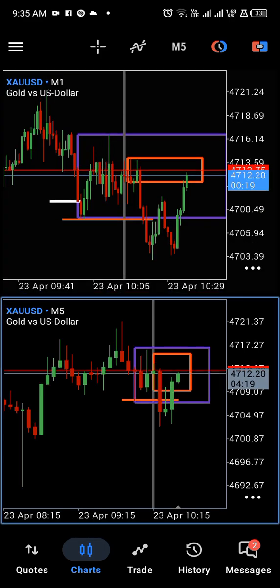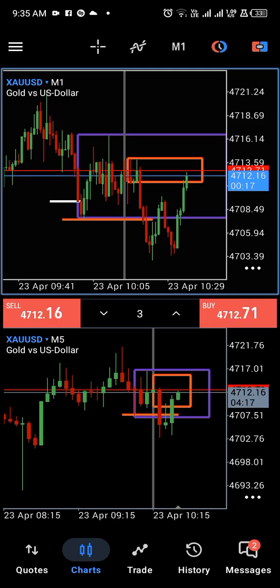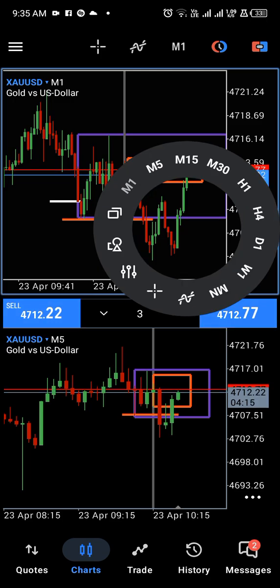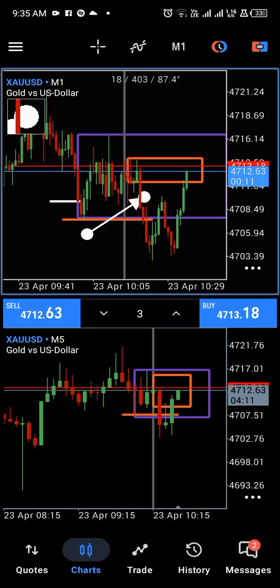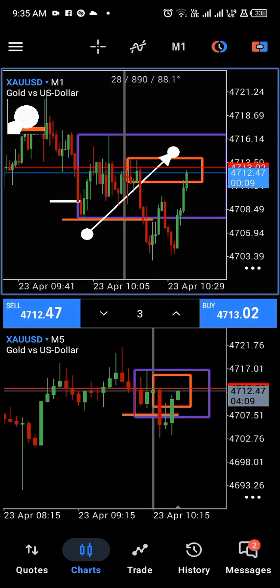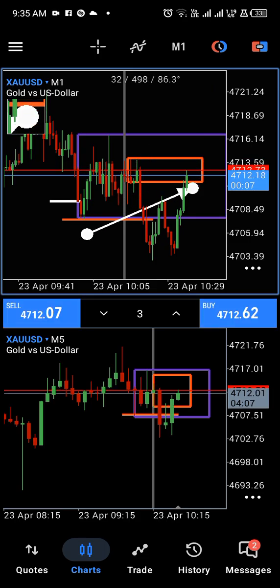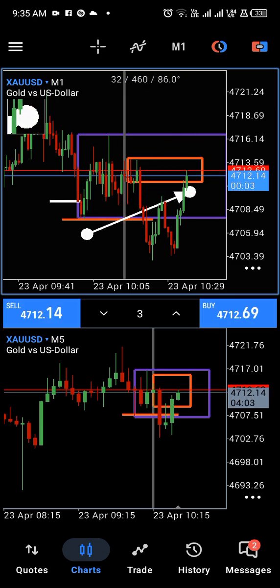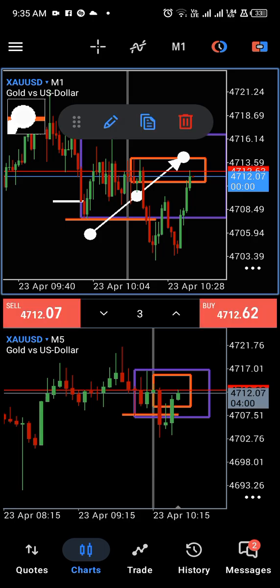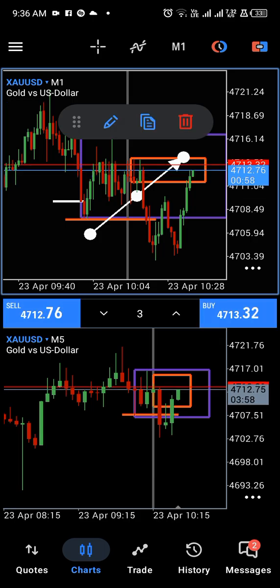Yeah, and put it here. You see this? Unless it gets taken out by this bias, then it will mean now we are under bullish conditions, because it matches with what is happening on the 5-minute time frame. So if they both get taken out, now it means buyers are in control.